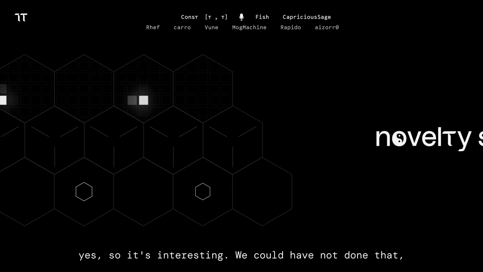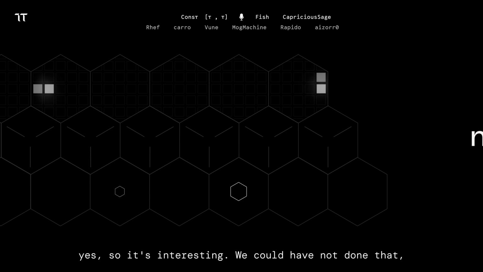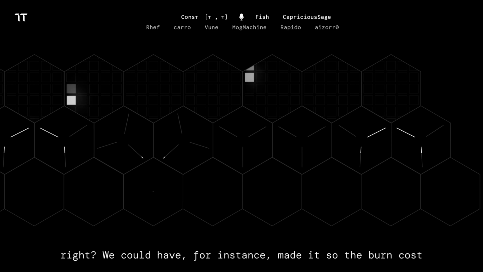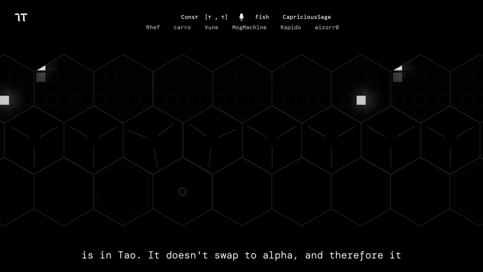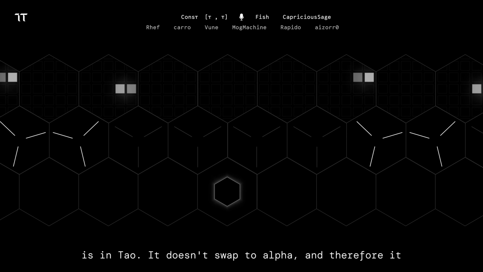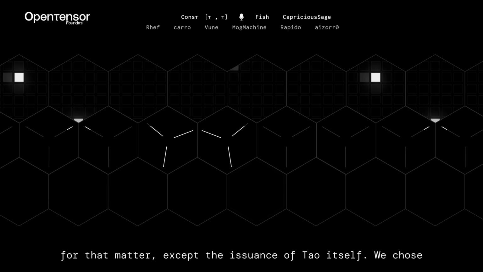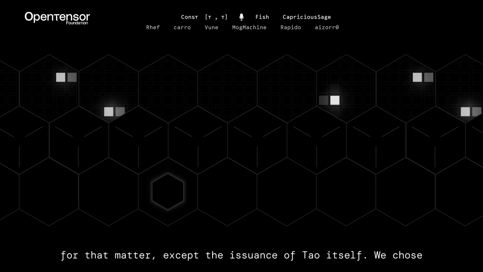Yes. So it's interesting. We could have not done that, right? We could have, for instance, made it so the burn cost is in TAO, it doesn't swap to alpha, and therefore it doesn't affect the subnet pool price or anything really, for that matter, except the issuance of TAO itself.